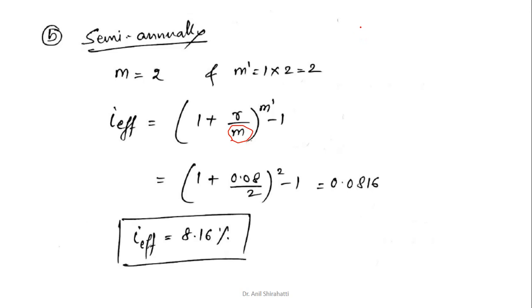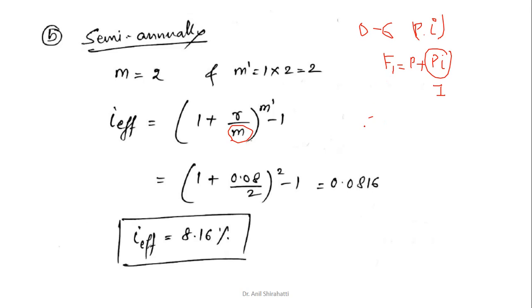In the first 6 months, that is 0 to 6 months, the interest charge will be P into i. Now if you want to calculate the value F, it will become P plus P into i. This is the interest you have earned plus the principal amount. For simplicity I am denoting it by F1.